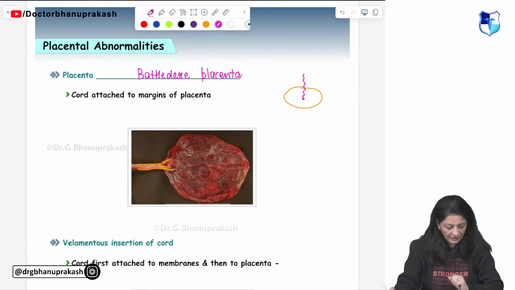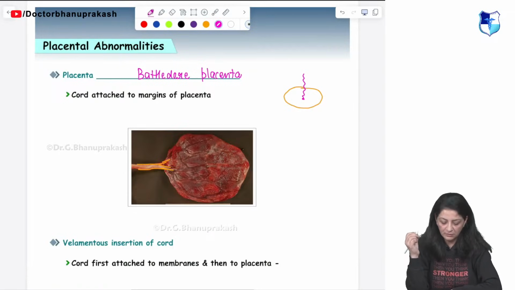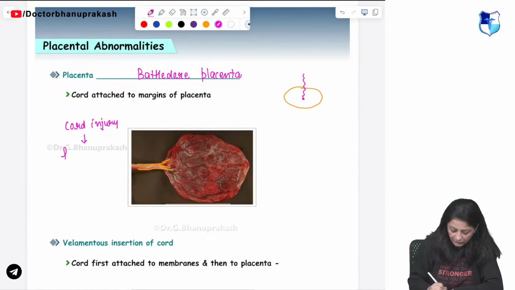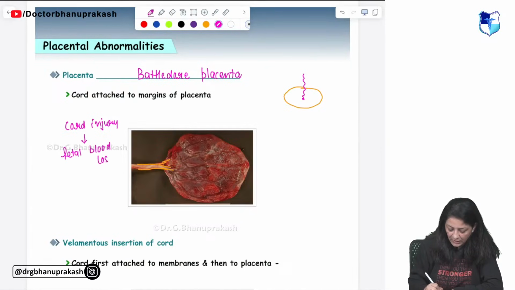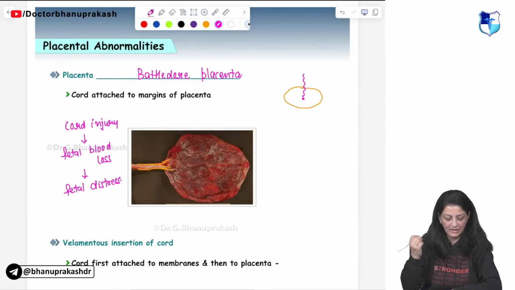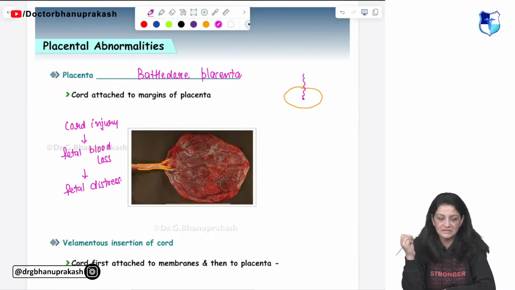What are the complications? Cord injury at the time of delivery, fetal blood loss, then fetal distress. So this is called battledore placenta.